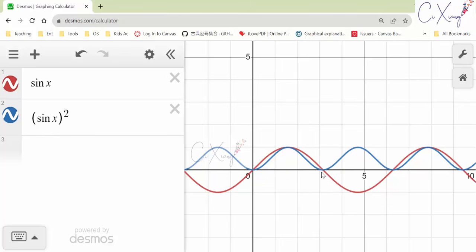And you can see the blue color graph is actually bounded from 0 until 34, as an example. So you can see very clearly that when you square the sine graph, the minimum value will become 0. And the maximum value is what you get when you square the original maximum value. I hope you can understand something from here by using the graphing calculator.